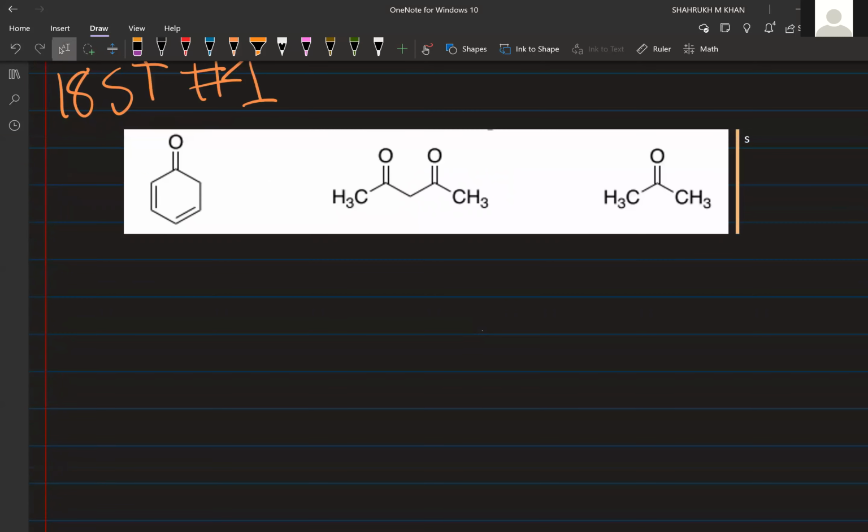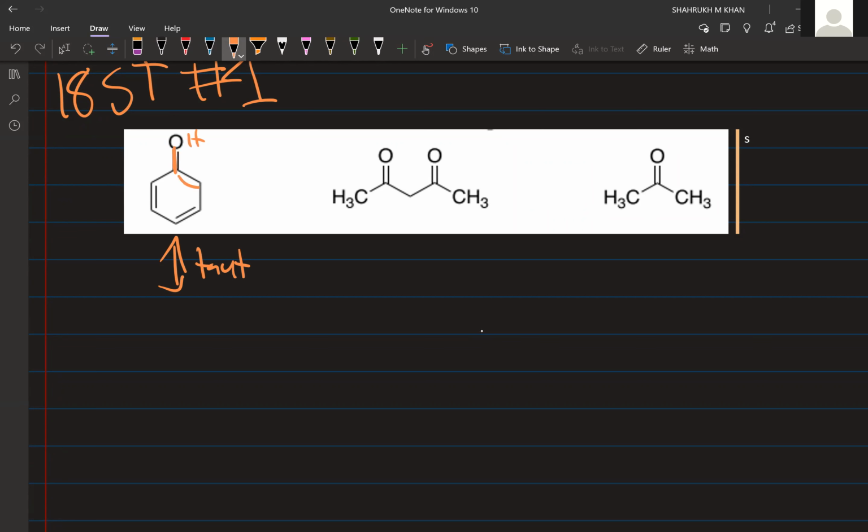Let's start with the first one, right? Enol is essentially just an intramolecular proton transfer, really. All you're really doing is changing this proton's location and the double bond's location. So a quick way to tautomerize is simply this H here is now going to be here, which means this double bond here we'll make a single bond.